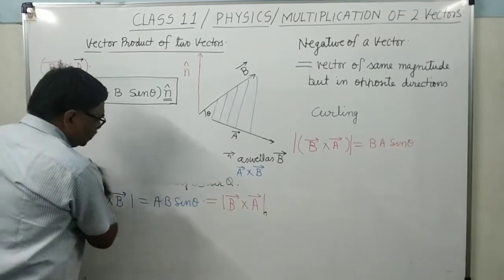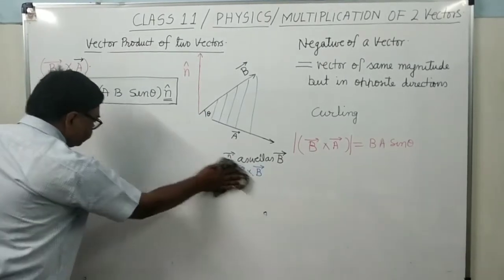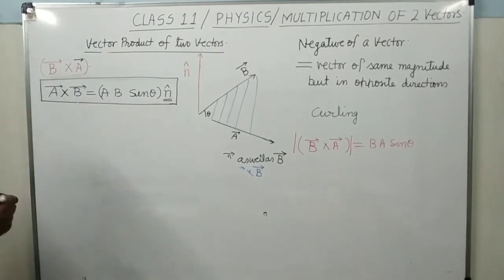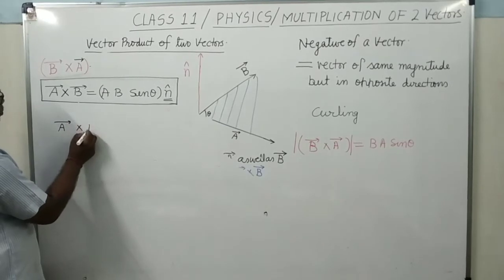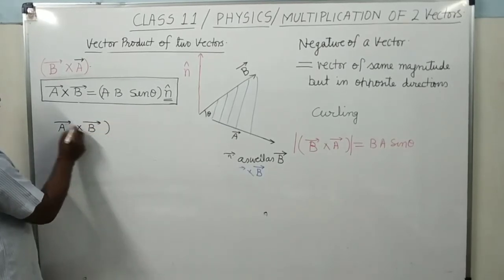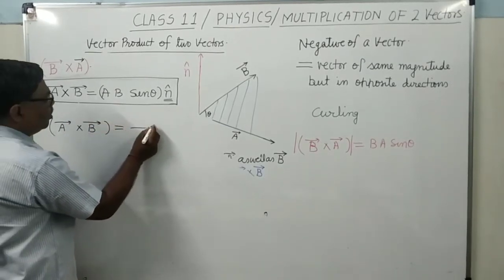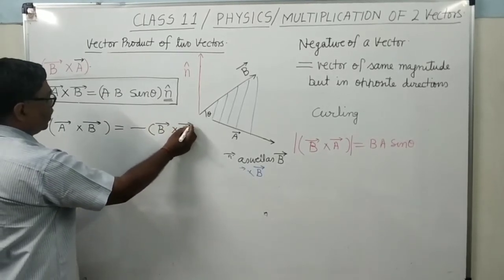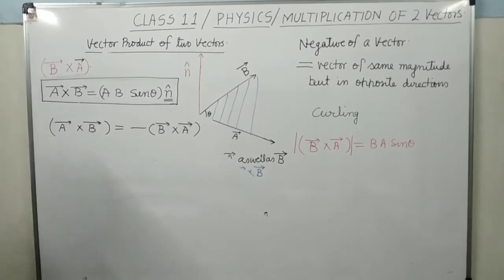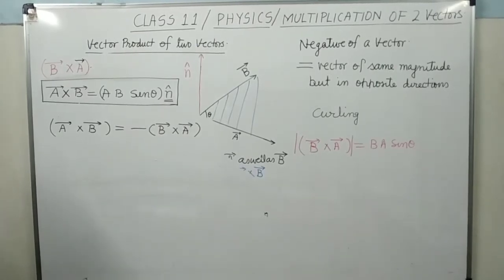You will write it this way: vector A cross vector B is the negative of vector B cross vector A. From here you can deduce that the vector product is not commutative.